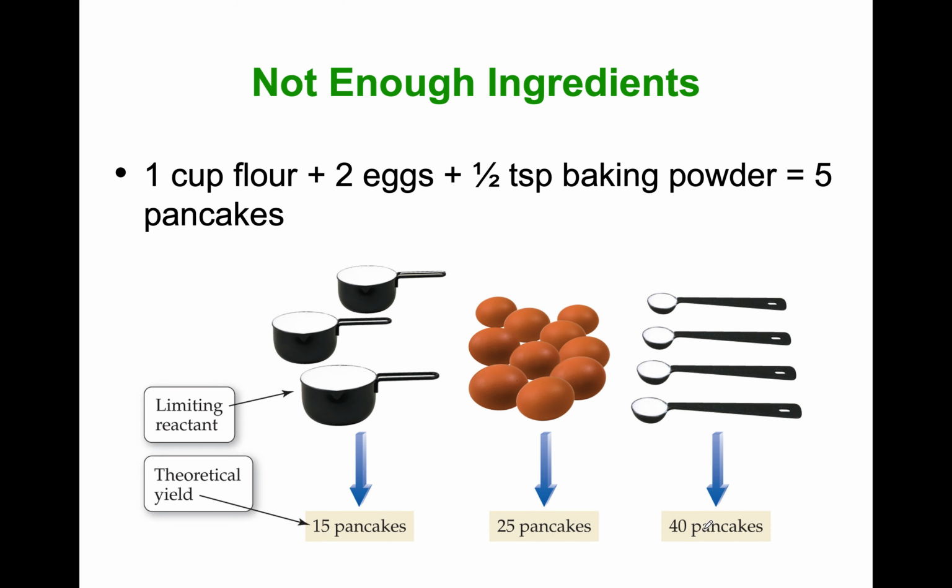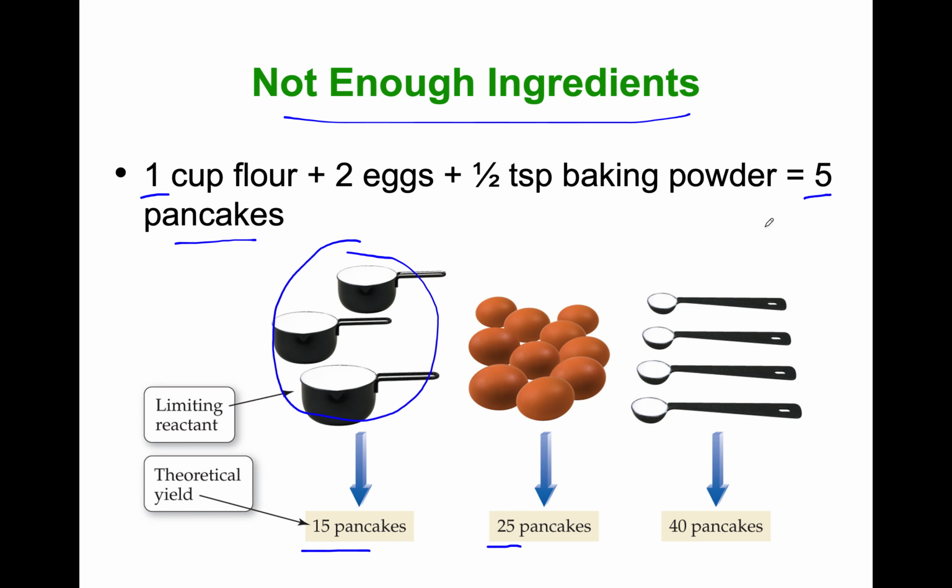So not everything goes perfect. What happens if you run out of something? Okay, that's not enough ingredients. So 1 cup of flour, 2 eggs, half teaspoon baking powder, 5 pancakes. Well, if you take a look, 15 pancakes from the flour. So you see here, this is 1 cup of flour, but we have 3 cups of flour.